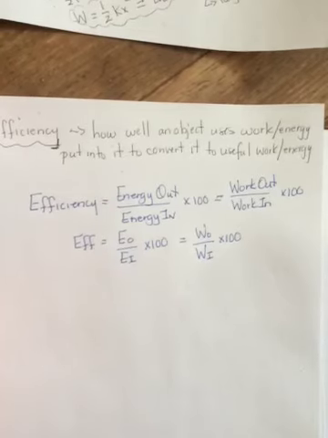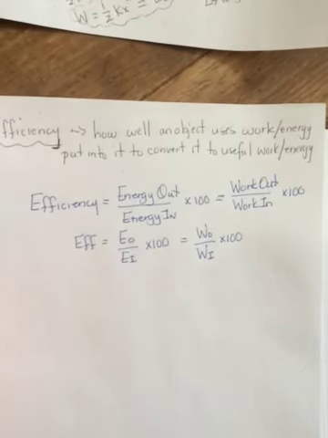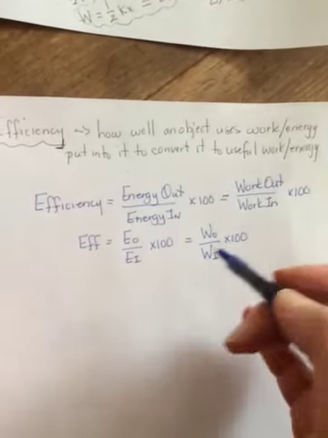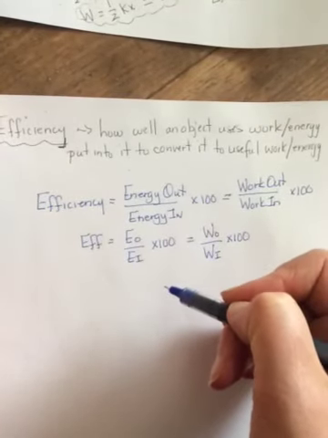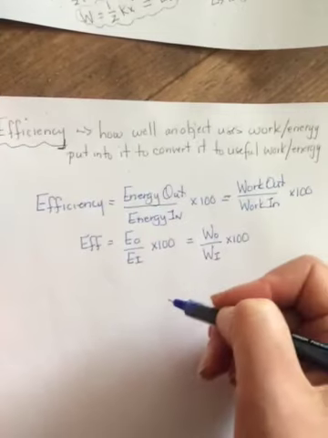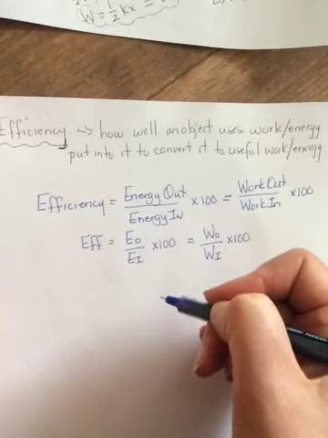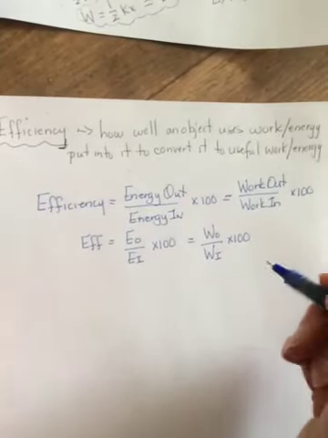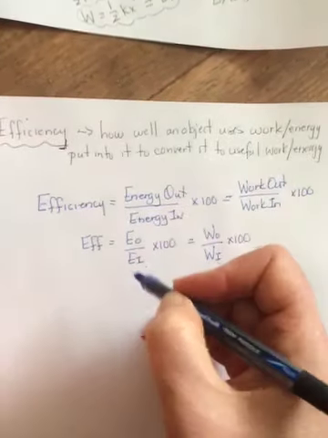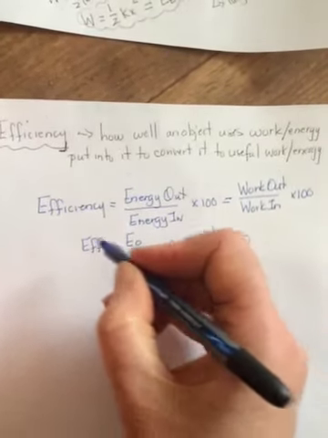When it's not 100% efficient, we say that energy or work gets lost. It gets lost lots of times to heat, to friction, to another type of energy. It gets converted into another type of energy, and nothing is ever 100% efficient.